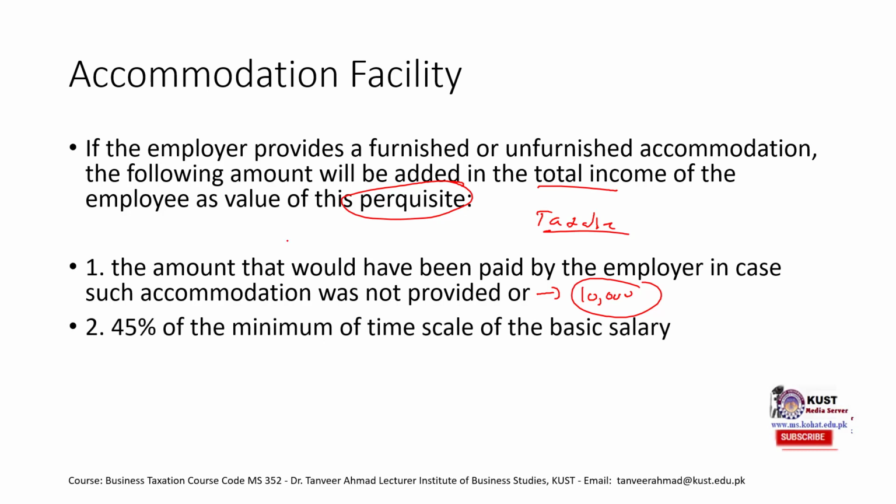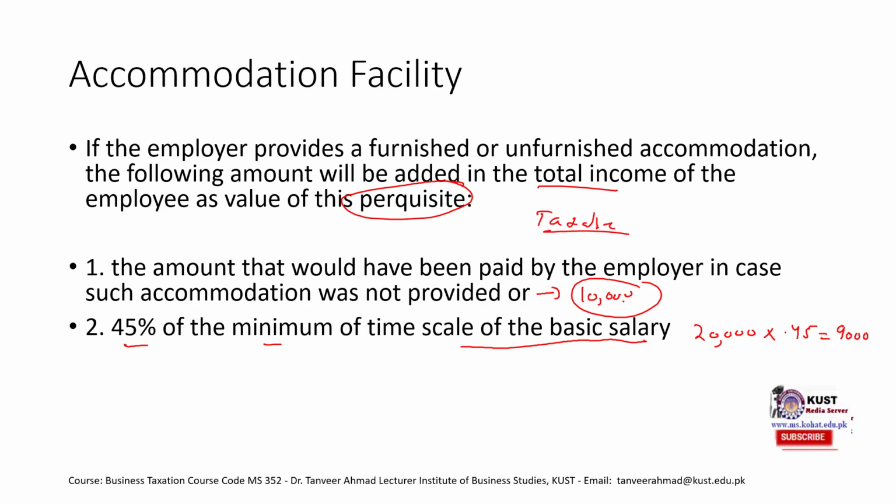Then the second is 45% of minimum of time scale of the basic salary. Remember, I just discussed in previous slide what is the minimum of time scale of basic pay. So 45% of that amount. So let's just say basic pay is 20,000. So 45% of this 20,000 would be 9,000.